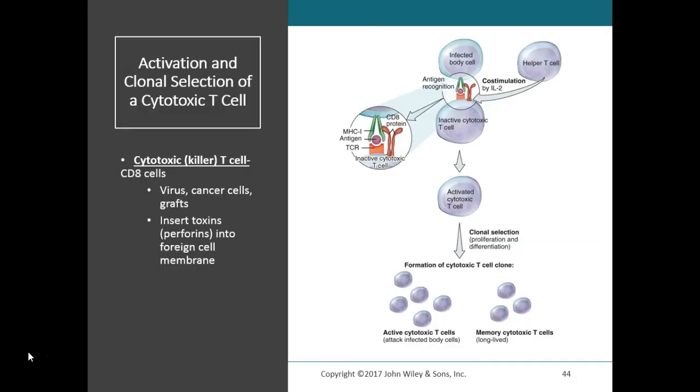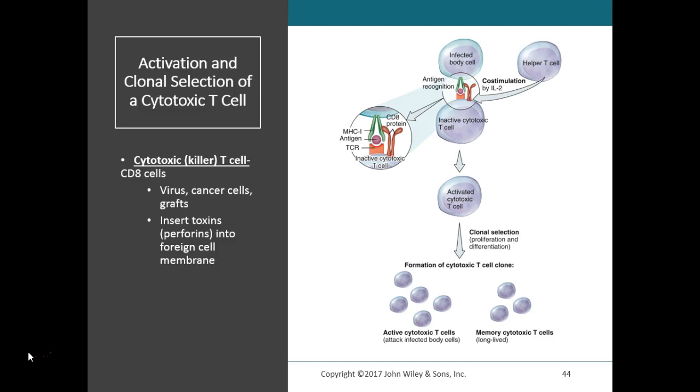Most T cells that have that CD8 receptor develop into cytotoxic T cells. Cytotoxic cells recognize foreign antigen molecules on the surface of cells that have been infected by microbes. They also recognize some tumor cells and cells from tissue transplants. Once activated, the cytotoxic T cell undergoes clonal selection. So they've been activated.